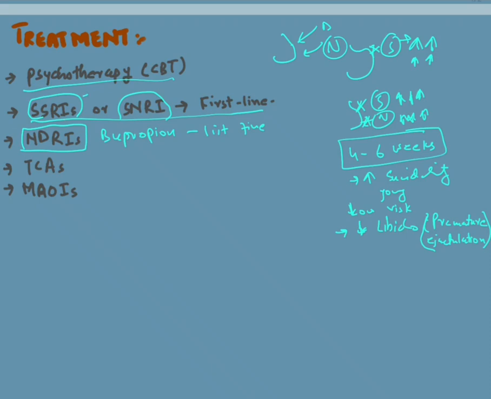If they don't work, or you have tried different medications of this class, then you can switch to NDRIs and others like tricyclic antidepressants and monoamine oxidase inhibitors like phenelzine. These are actually just used for very resistant depressions. For really resistant depressions, you can use TCAs and MAOIs.